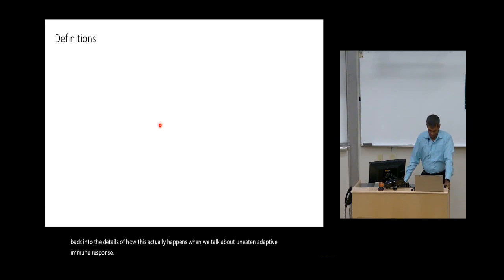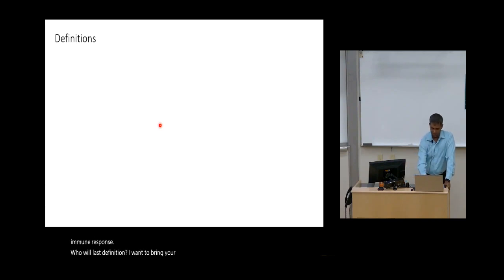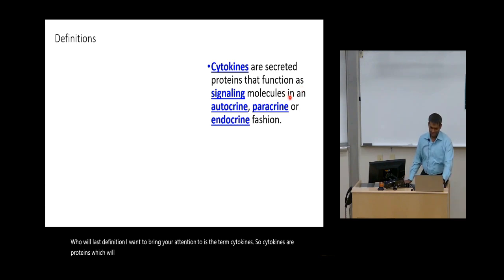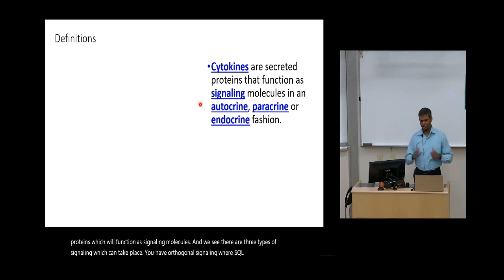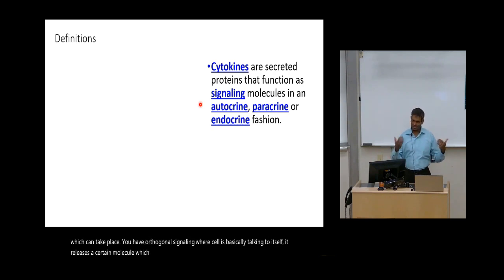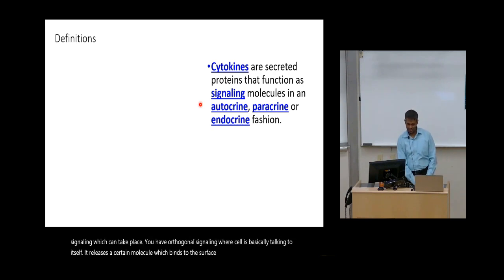So the last definition I want to bring your attention to is the term cytokines. So cytokines are proteins which will function as signaling molecules, right? And we see there are three types of signaling which can take place. You have autocrine signaling, where a cell is basically talking to itself. It releases a certain molecule which binds to the surface of the cell which released it.